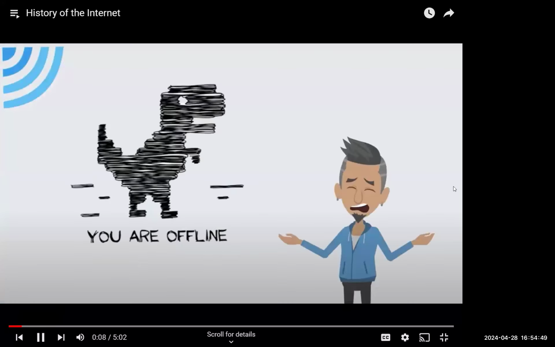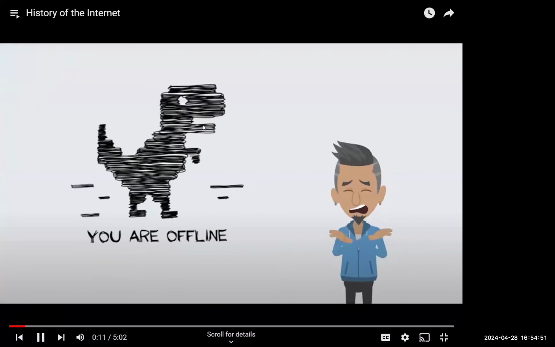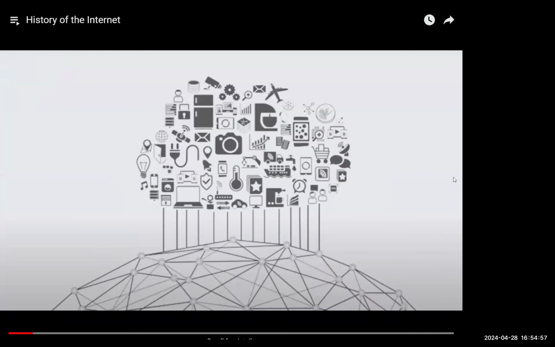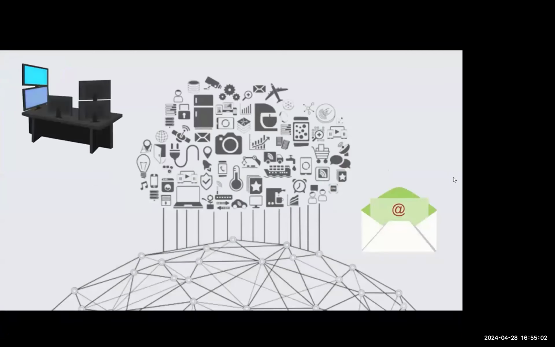A life without the internet. Can you imagine it? No, me neither. So often referred to as a network of networks, the internet completely revolutionized the communications and computer world we live in today.